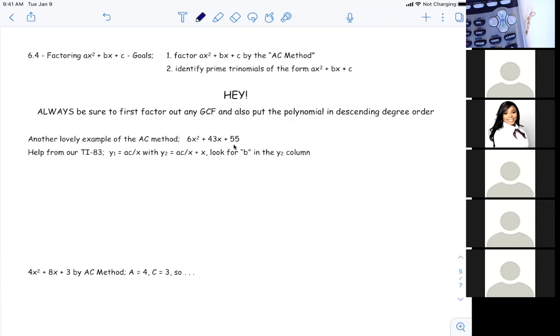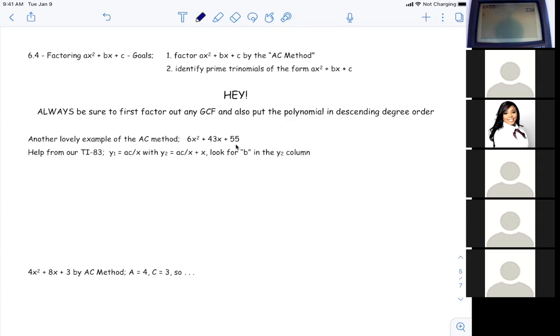So here A is 6, C is 55. And so I am going to use the calculator to help myself here. Numbers are a little bit big. Oh, you know what? First, I need to know, because I don't trust my brain this morning. What's 6 times 55?